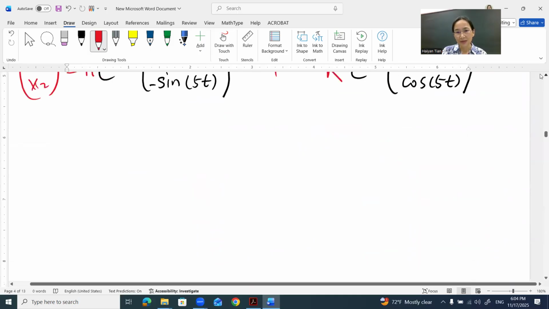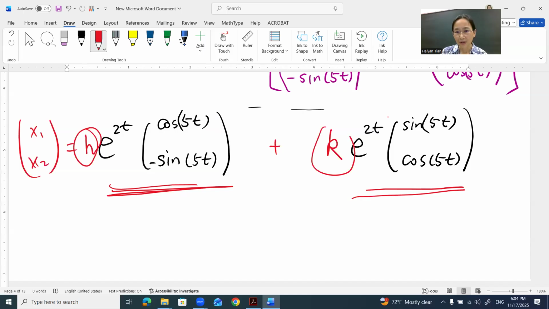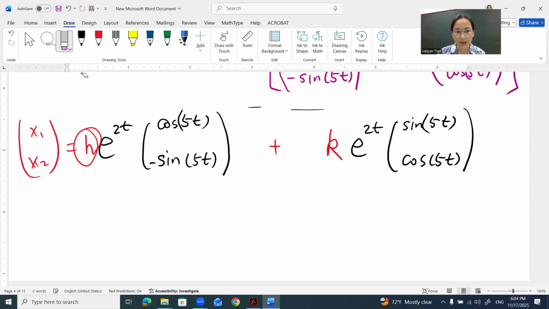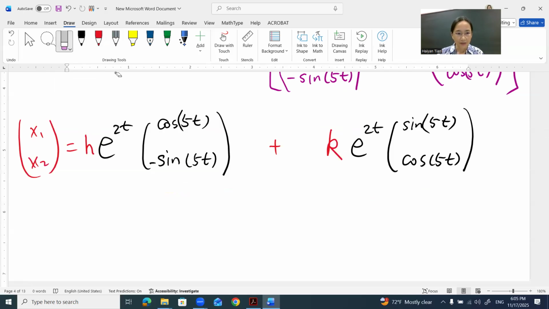So that means we still get essentially the same solution set, because if the real part and imaginary part only differ by a sign, then this sign can be included in h or k being arbitrary. So you still get the same solution set. That will not affect the general form of the solution. So we can write our general solution in this form.